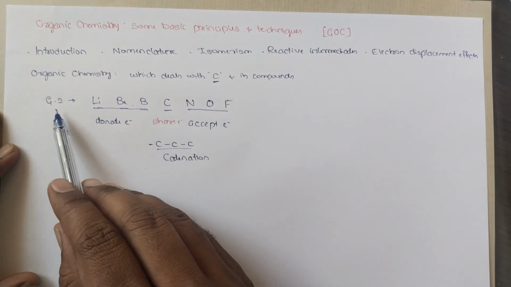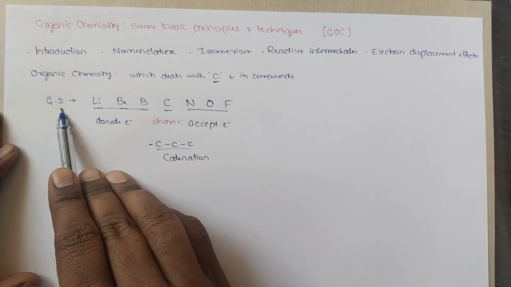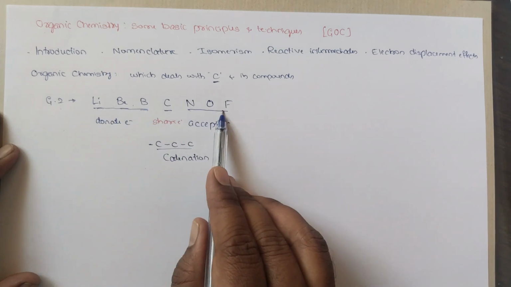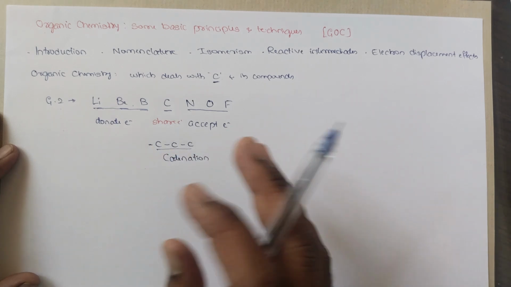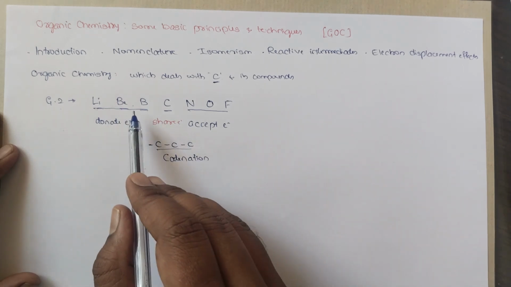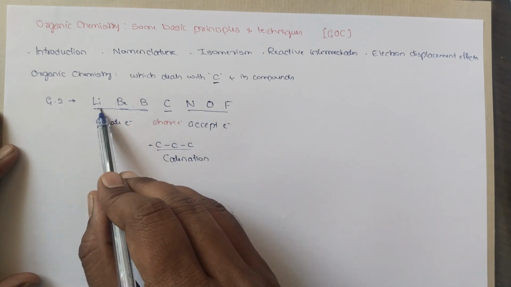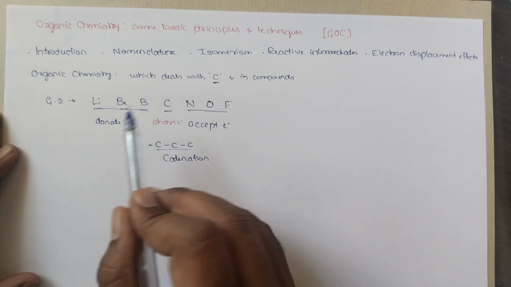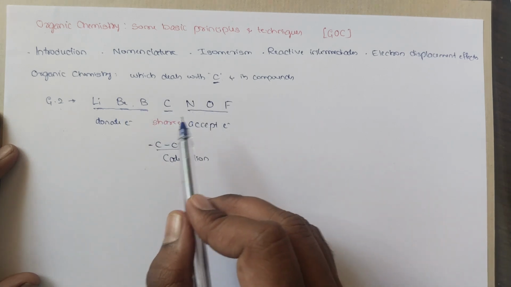When you look at the periodic table, carbon is present in group 2, and lithium, beryllium, boron, nitrogen, oxygen, fluorine are the neighbor elements of carbon. Lithium, beryllium and boron are present on the left-hand side of carbon, and nitrogen, oxygen, fluorine are on the right side.